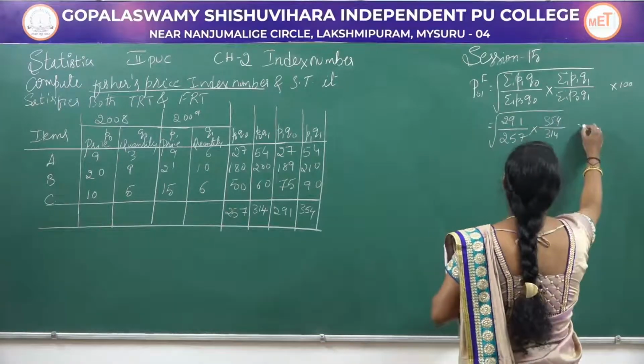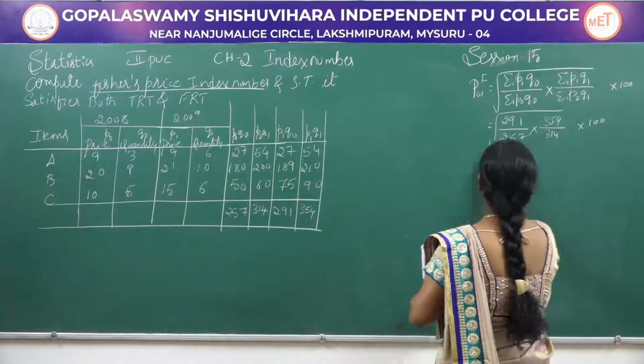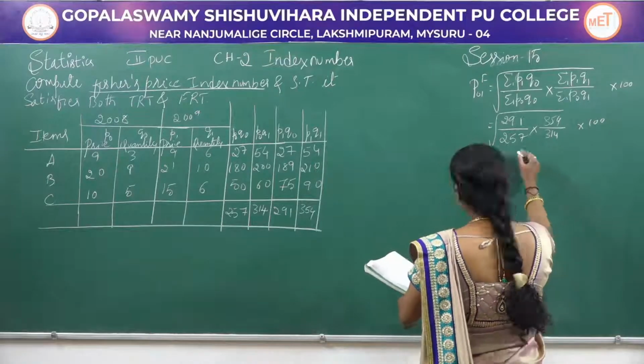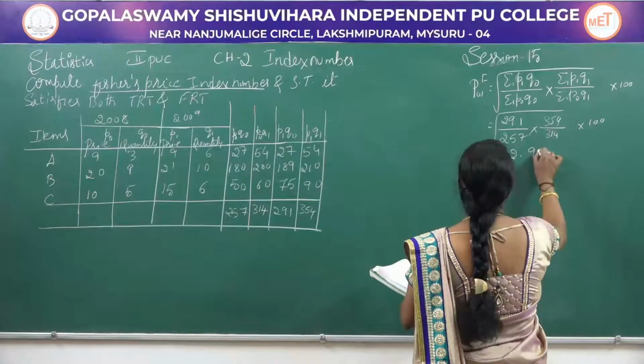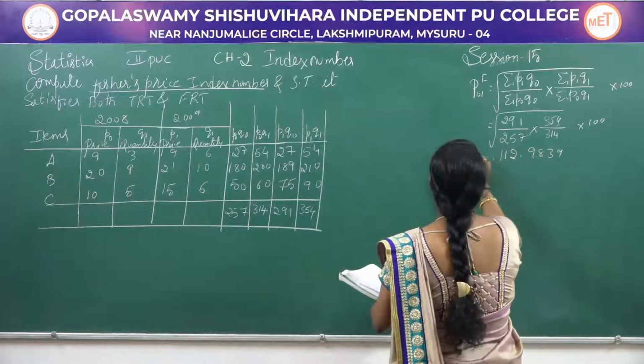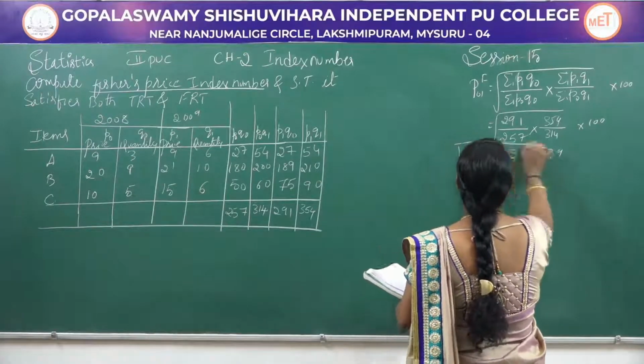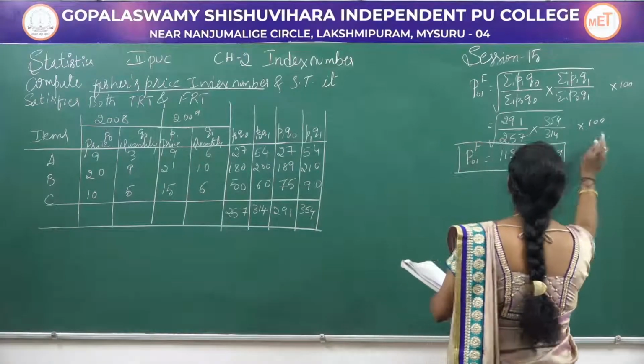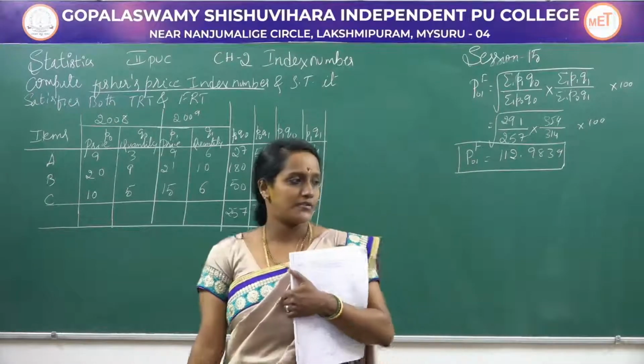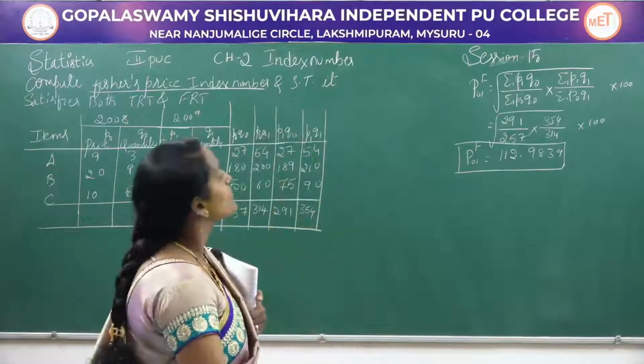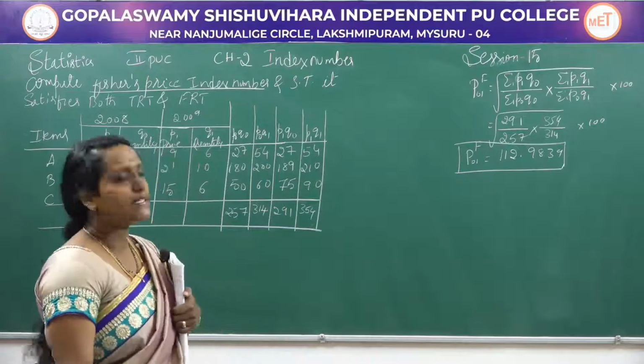Take the square root. At last you should multiply by 100, and the value is 112.9839. After simplification and finding the square root, multiply by 100 so that you get Fisher's price index number.